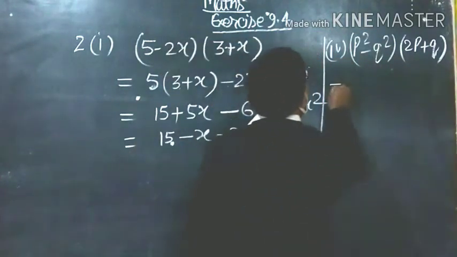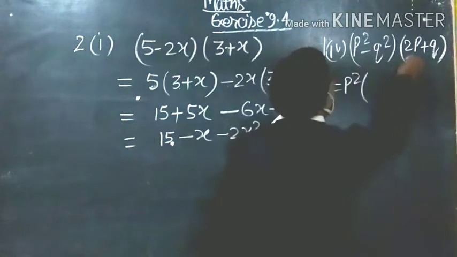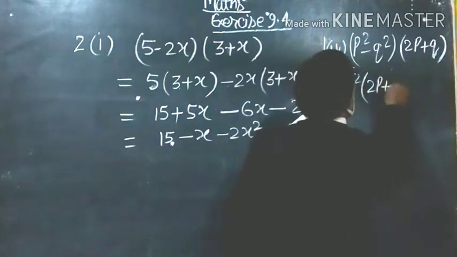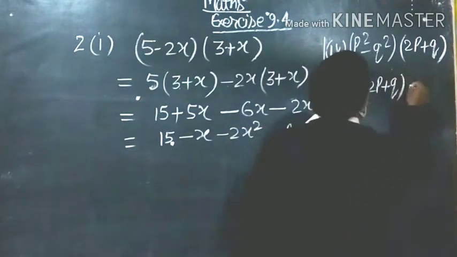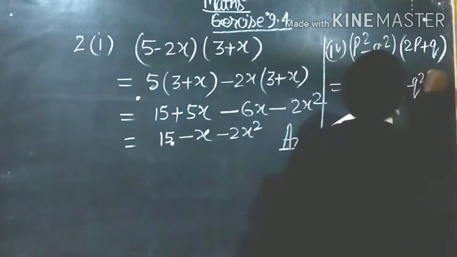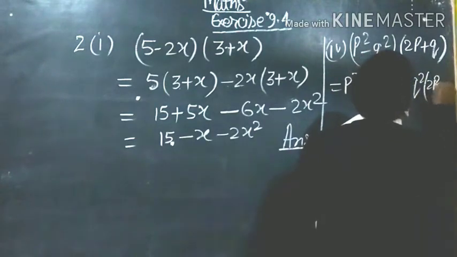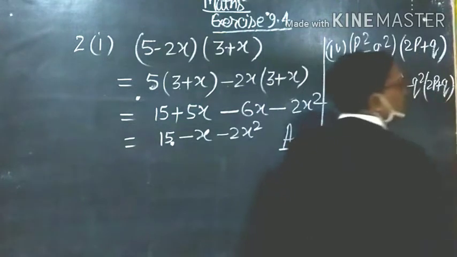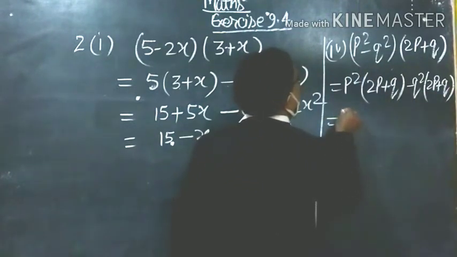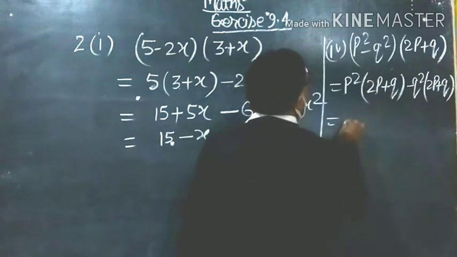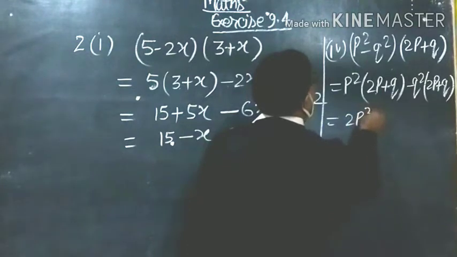First of all, you multiply p square to 2p plus q. Then you multiply minus q square to 2p plus q. When you multiply p square into 2p, you get 2p cube.